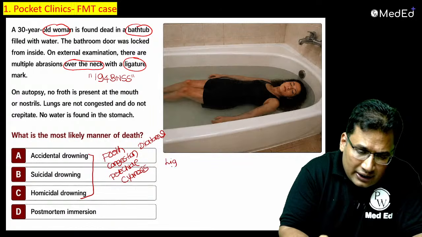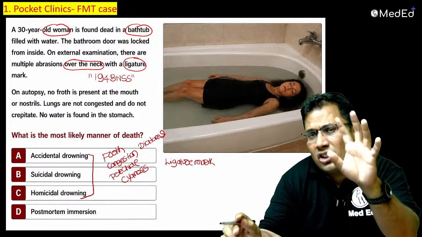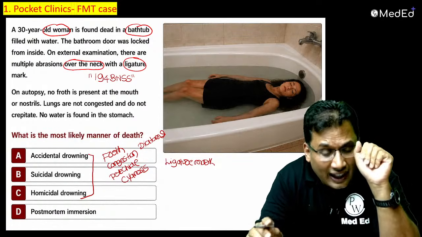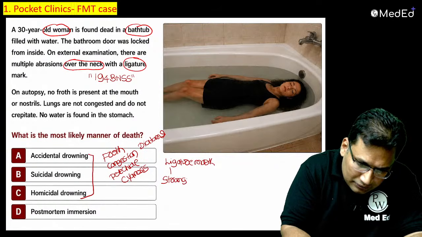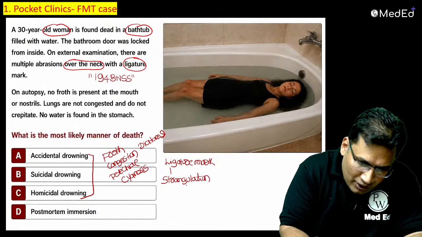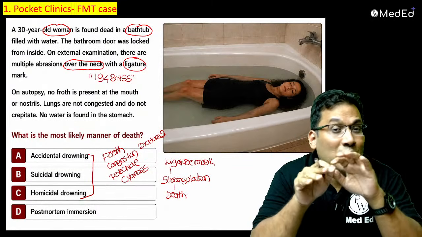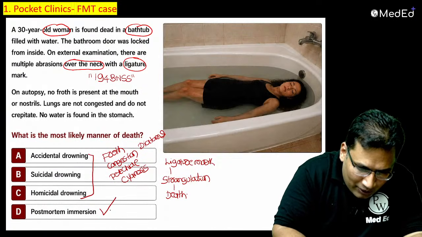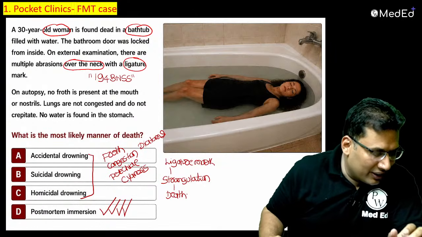A ligature mark is not seen in drowning. A ligature mark is classically seen in strangulation. So the cause of death in this case is strangulation, and later the dead body was immersed in the water. That's why there are no signs and symptoms of drowning. So the best answer is post-mortem immersion. Post-mortem immersion is the correct answer.